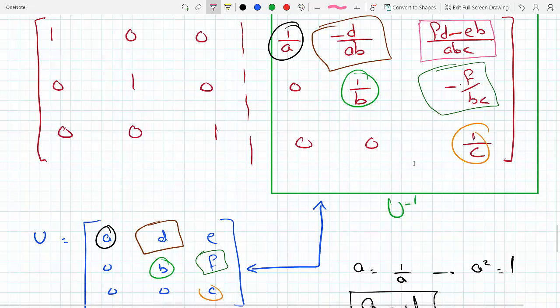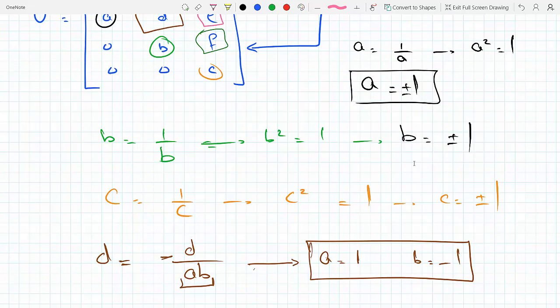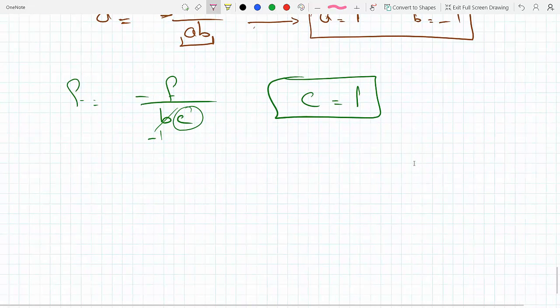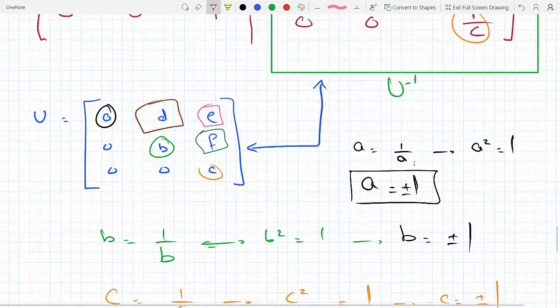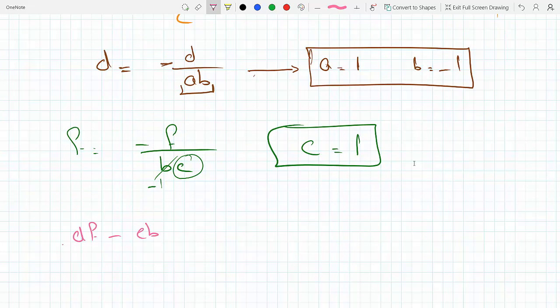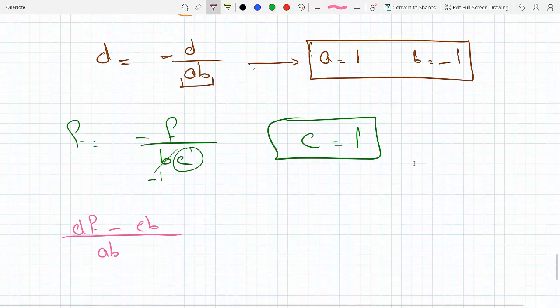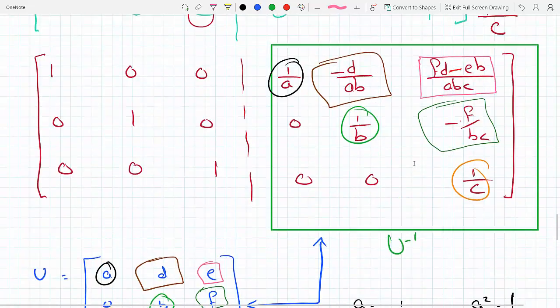So this has to equal E. So DF over DF minus EB over ABC has to equal E.